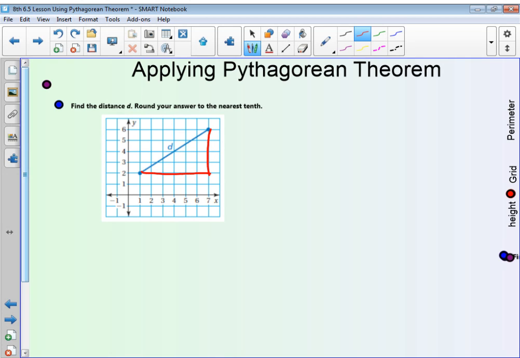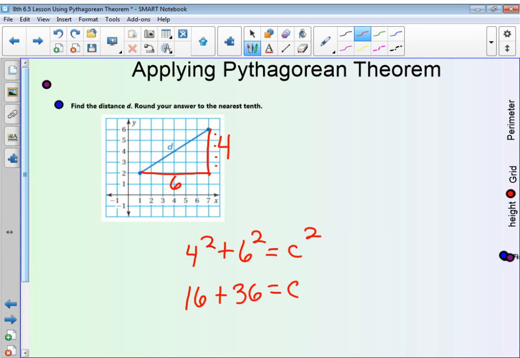Okay, so now if we use our Pythagorean theorem, my right triangle, I've got 1, 2, 3, 4, and 1, 2, 3, 4, 5, 6 on the bottom. So a squared, 4 squared, plus b squared, 6 squared, equals c squared. Okay, so 4 times 4 is 16, plus 6 times 6 is 36.